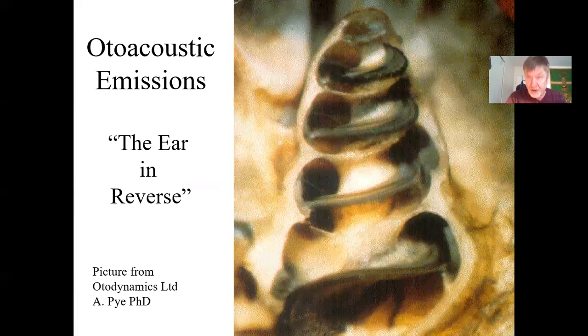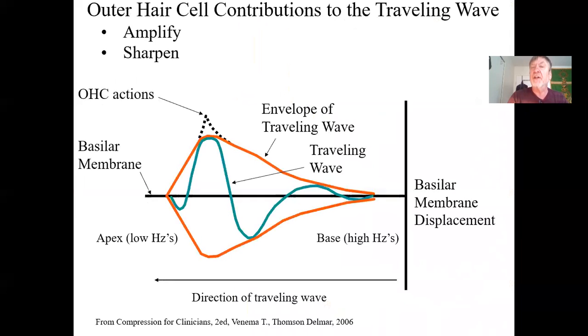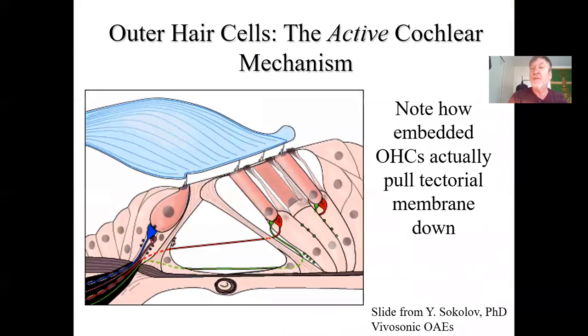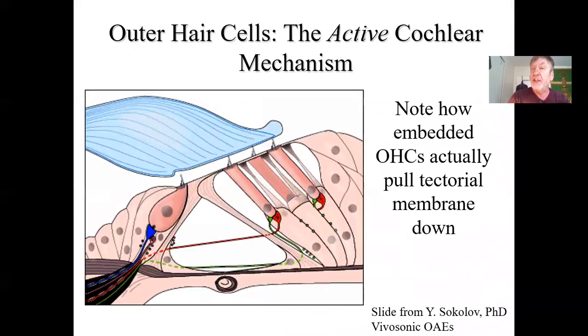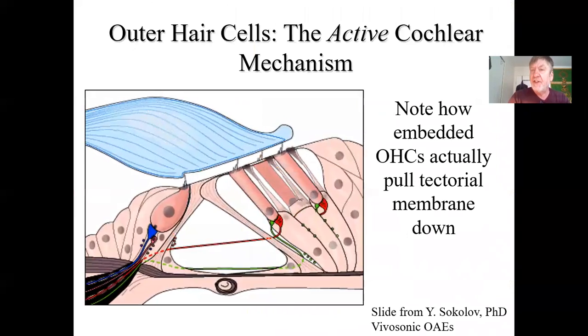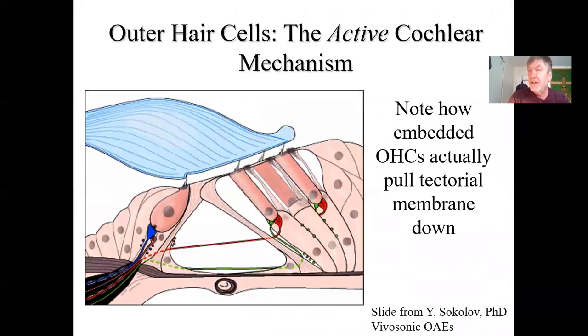Otoacoustic emissions are a byproduct of the outer hair cells sharpening the traveling wave. The byproduct of this action. Nothing comes for free, okay? All work creates sweat. Lots of light creates heat, okay?